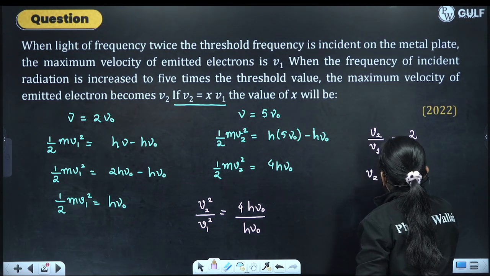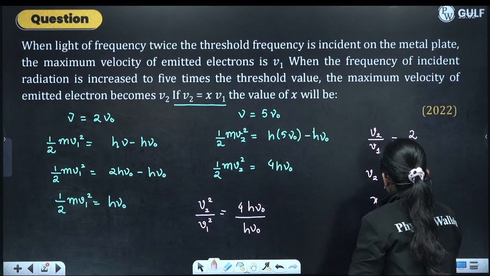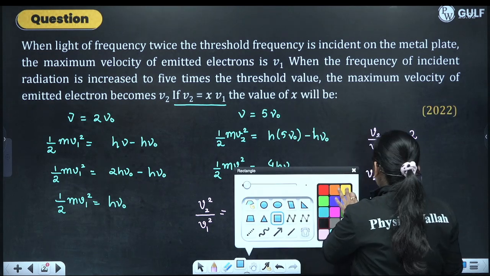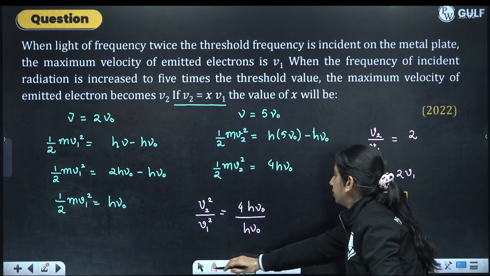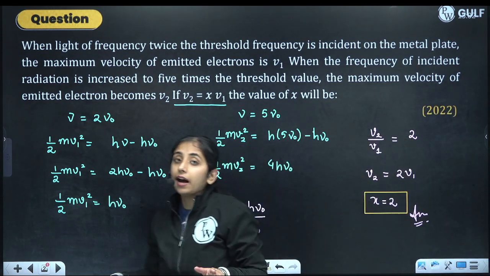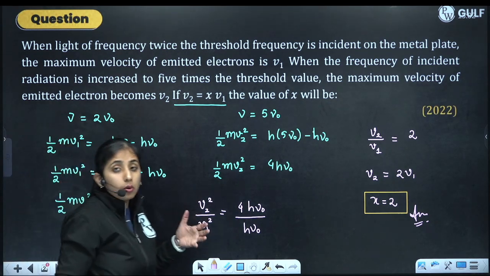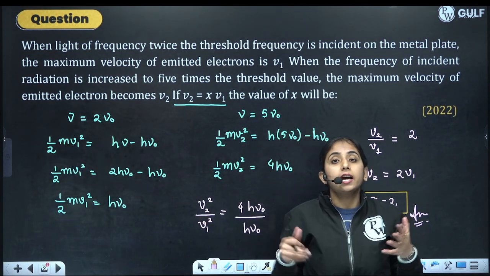V2 will be 2 times V1, so x will be equal to 2. This will be our answer. A very easy and direct question from this chapter, nothing with lots of calculations and lots of thinking.